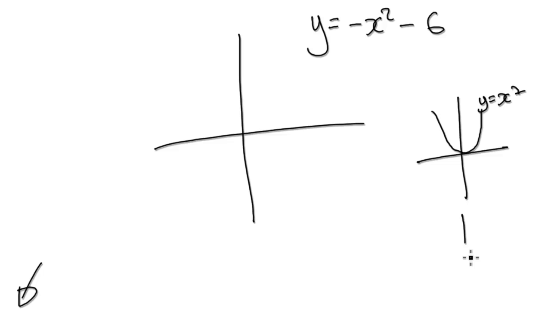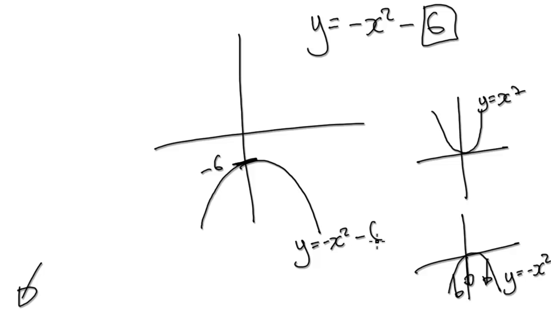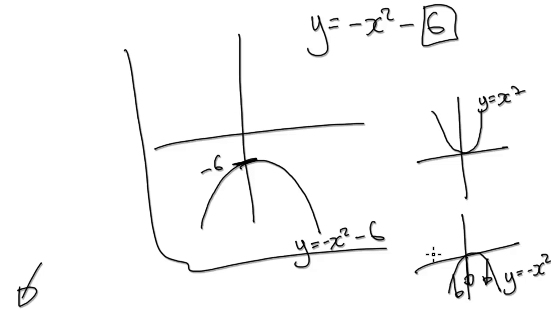Negative x squared will look like this, an upside down version. And then you've got to drag everything down by 6. So it will look something like this. And then label this as negative 6. So your final answer will look like this: negative x squared minus 6.